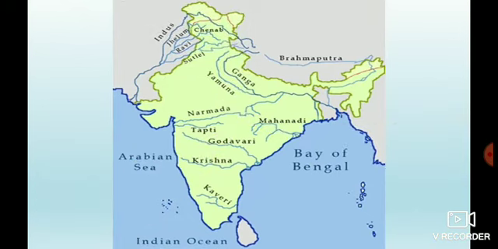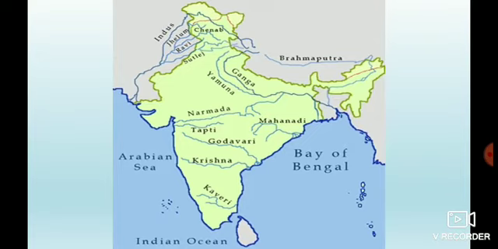So here in the Deccan Plateau, they have the important rivers such as Mahanadi River, Godavari River, Krishna River and Kaveri River. So here again you need to pause the video and see where the rivers are. Just locate them, okay? So the important rivers in this region are Mahanadi, Godavari, Krishna and Kaveri.